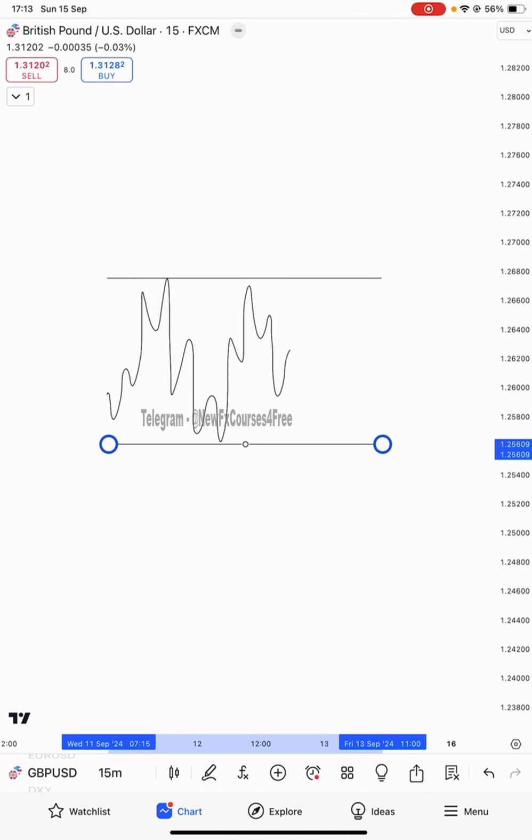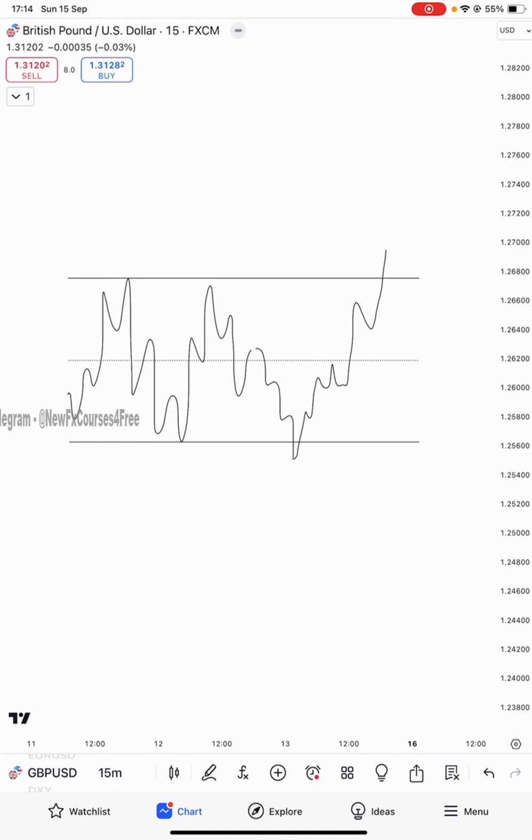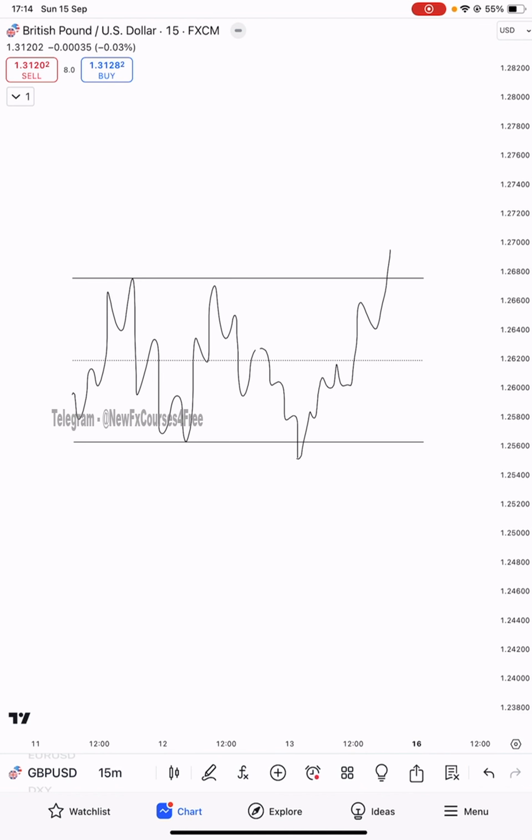You wait for a change in state of delivery, or you go for the blind entry. Either way, you buy the range low, take partials at 50% of the range, usually witnessing a retracement, and then you take price to the other end of the range. Easy. So that's the main entry of this model.